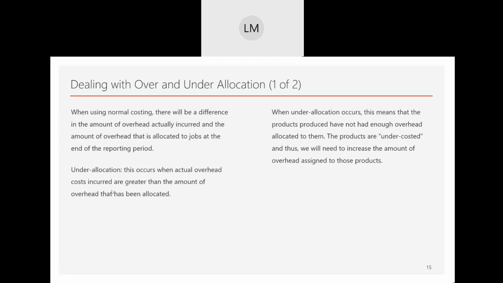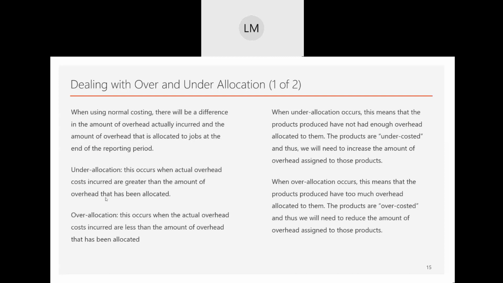Now let's take a look at overallocation. In overallocation, this occurs when the actual overhead costs incurred are less than the amount of overhead that has been allocated. In other words, we've allocated more overhead costs than what we've actually incurred. And when this happens, this means that the products produced have too much overhead costs allocated to them, so we've overcosted them.